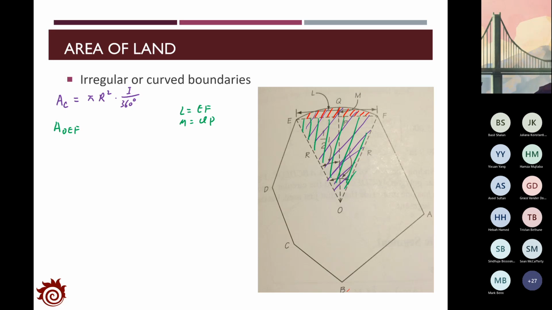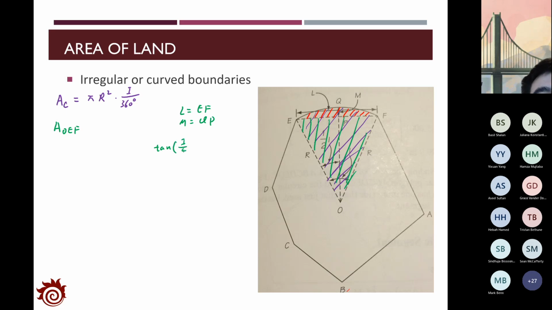With that, we can find out some relationships first. Here I will just give you some equations, and we're going to introduce how we derive these equations in future lectures when we are discussing route surveying.